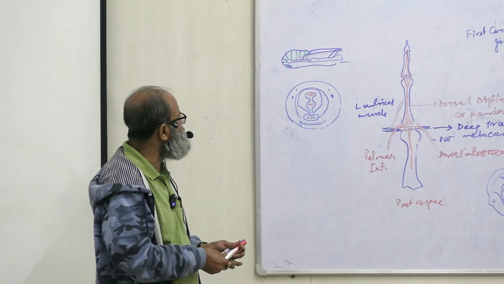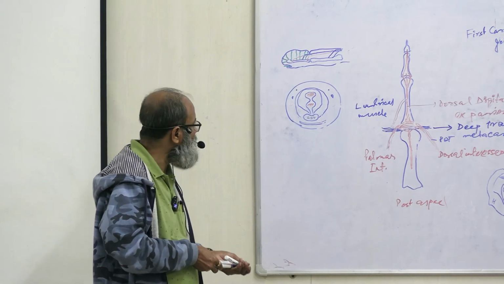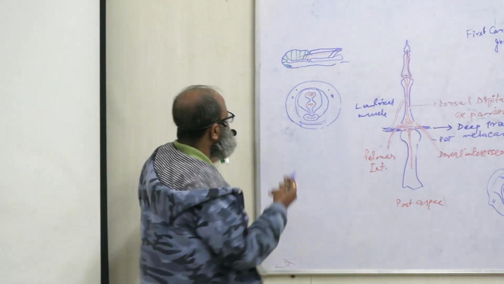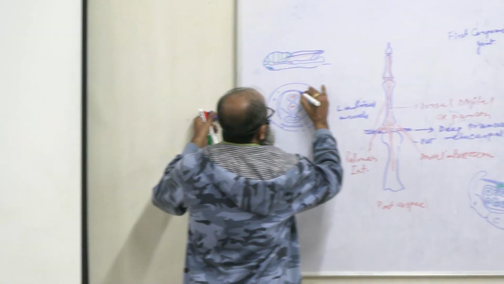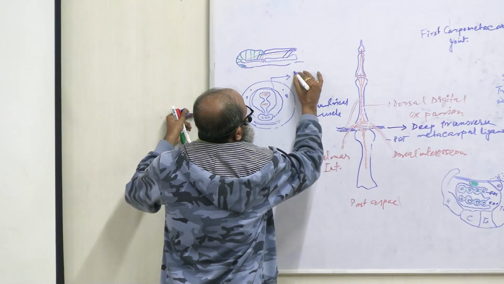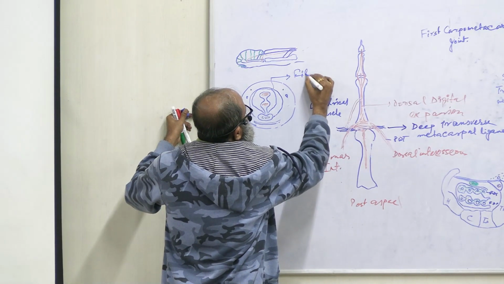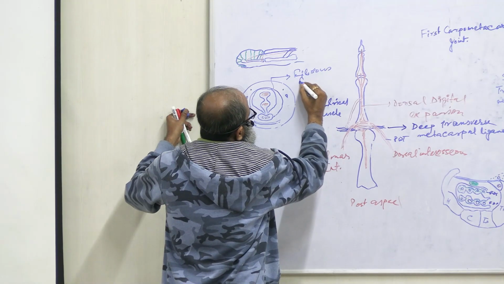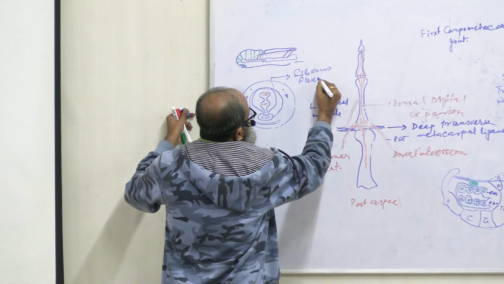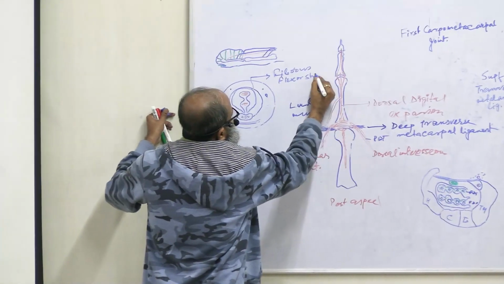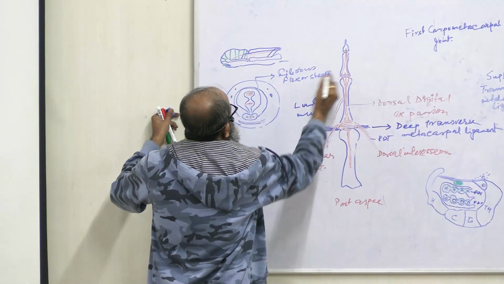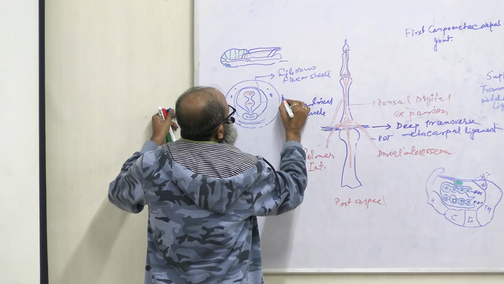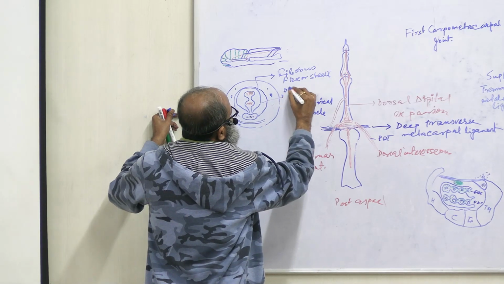Don't misunderstand this. Which one is fibrous flexor sheath and what is digital synovial sheath? This is the fibrous flexor sheath. And this one is the digital synovial sheath.